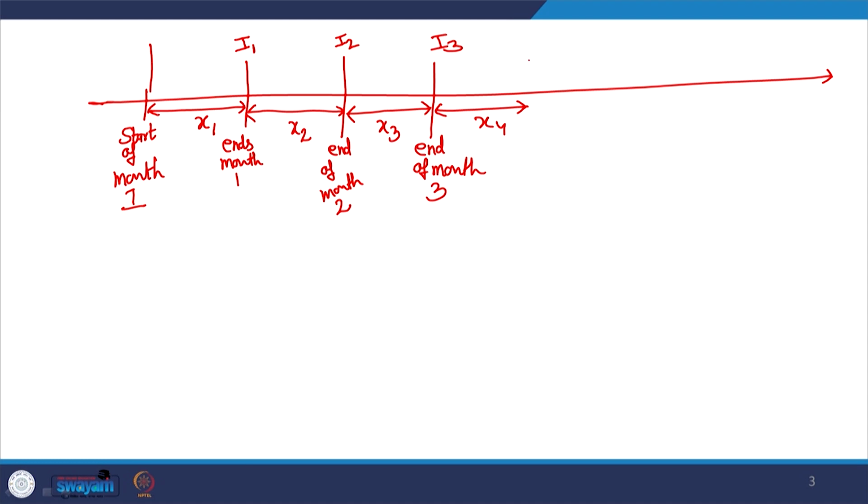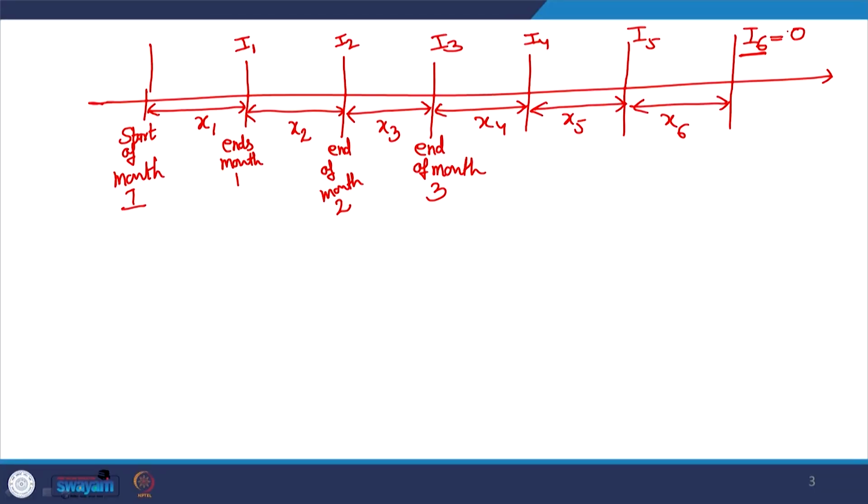In the fourth month you are producing x4 and I4 units are available, x5 in the fifth and I5 units are available, then x6, and then I6 inventory is available at the end of 6 months.